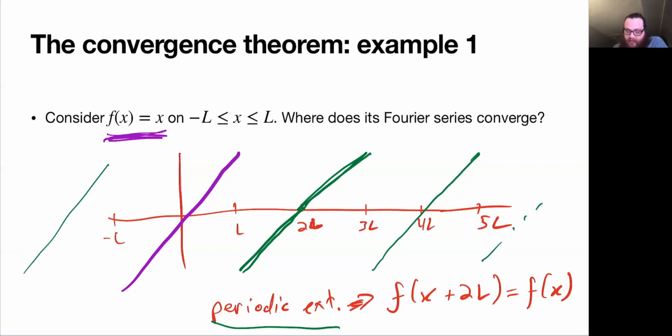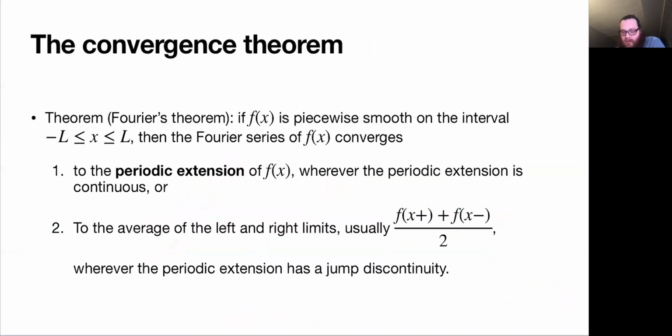Note that on the interval negative L to L, not including the endpoints, this function is continuous. So our Fourier series converges to the function on this interval.